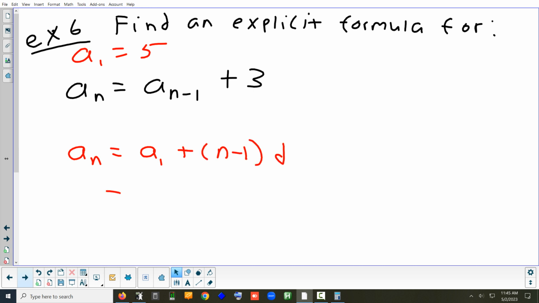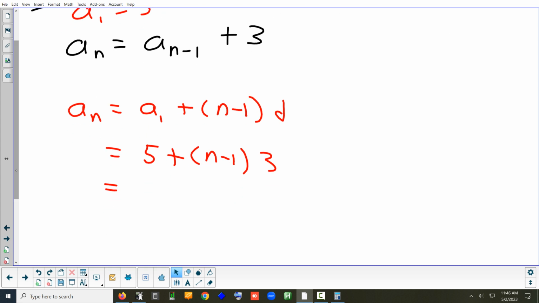Now, let's fill it in. What's my first term? 5. And what's the common difference in this one? It's 3. That's what you're adding to get from one term to the next. Okay, so simplify that, and you're going to get 3n plus 2.